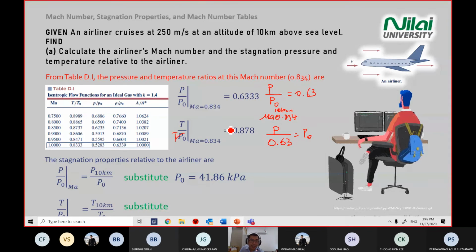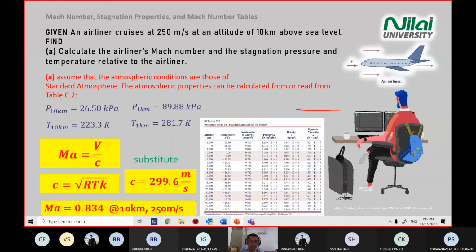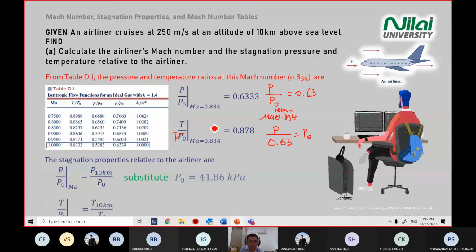So the temperature at 10 kilometer, just now we already found from the table. Temperature at this height is negative 49.9, converted to Kelvin, you have 223.3 Kelvin. You substitute this value inside this equation.